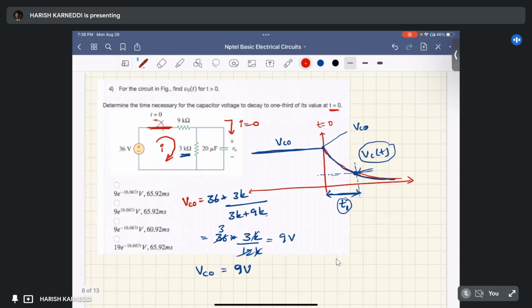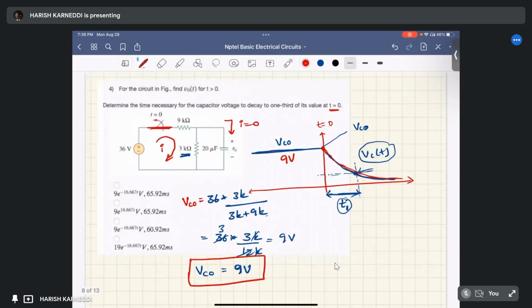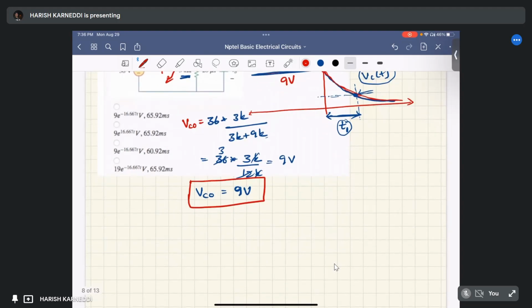That means initially the capacitor is charged to 9 volts. Now the capacitor is discharging from 9 volts to 0 volts. We need it to decay to one third of its value. One third of Vc0 is Vc0 by 3, which is 3 volts.